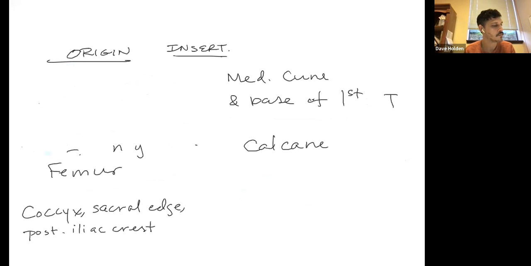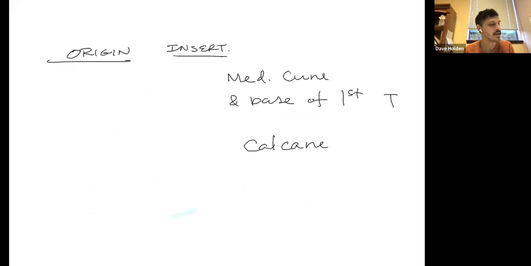So we'll do a few more of these, and then I've got another one for you guys. For example, let's go back to gastrocnemius for just a second. All right, we're talking about gastroc.